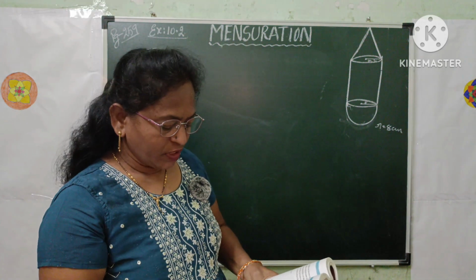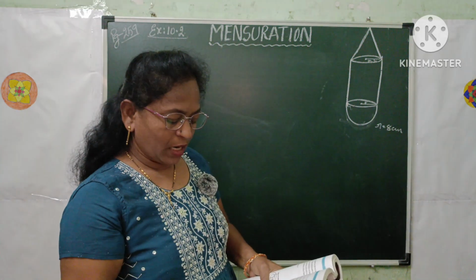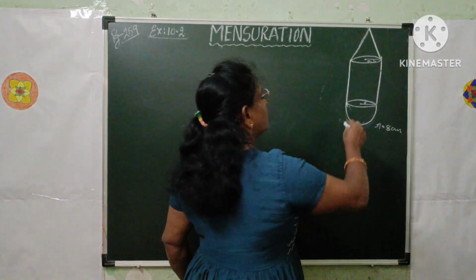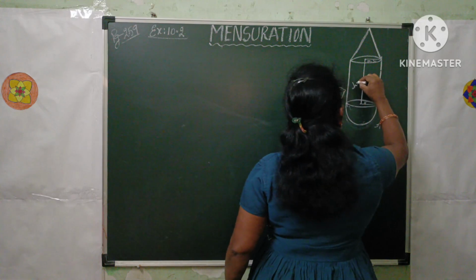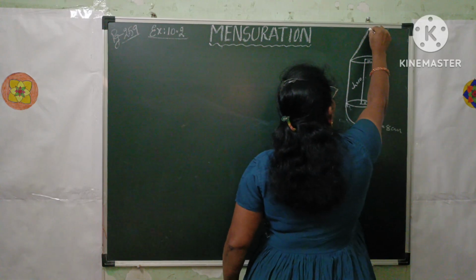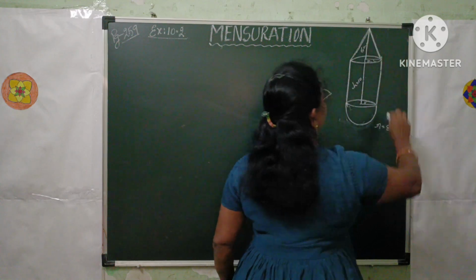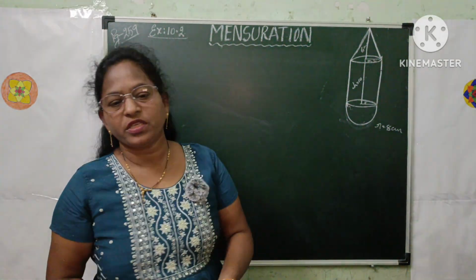And the heights of the cylindrical and the conical portions are 10 centimeter and 6 centimeter. Means the cylinder height is 10 centimeters, cone height is 6 centimeters. Then find the total surface area.